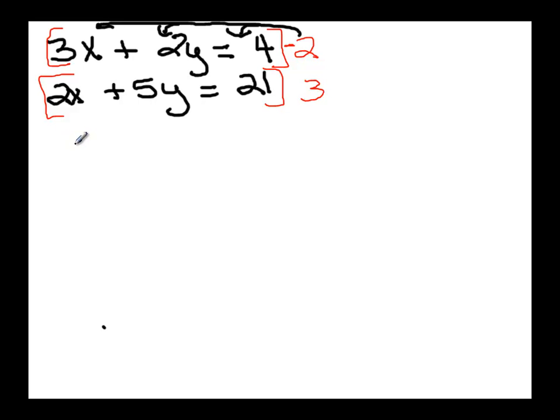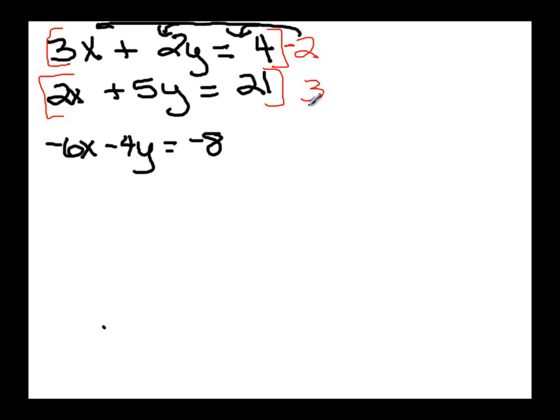So 3 times negative 2 gives me negative 6x. 2 times negative 2 gives me minus 4y, and negative 2 times 4 gives me negative 8.